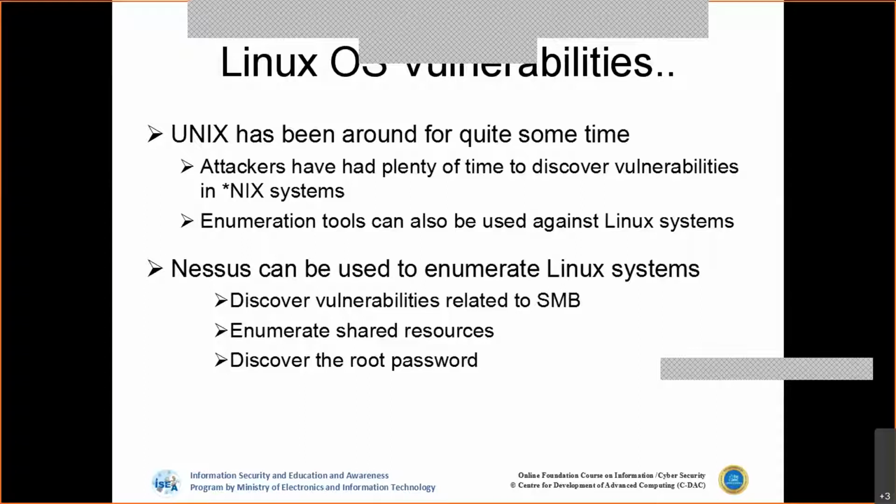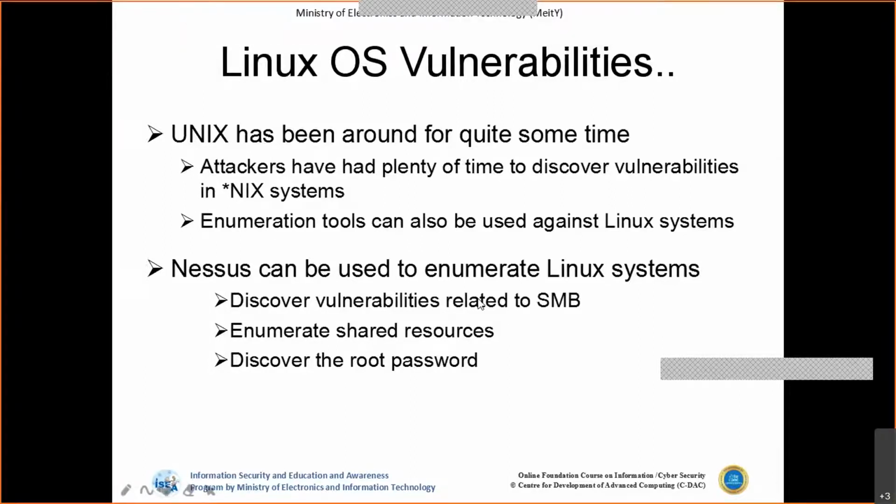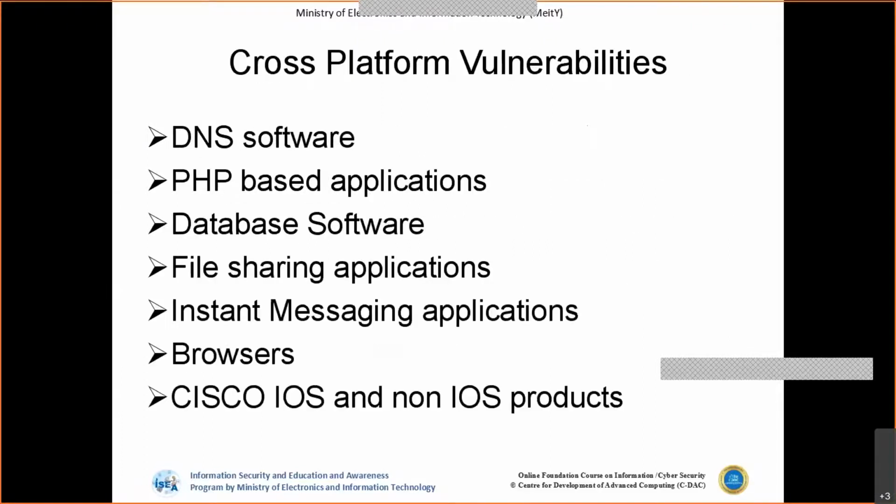If there is a vulnerability, any operating system is prone to attack. So we also have vulnerabilities with respect to Linux. For this demonstration, we'll be using a vulnerability scanner called Nessus, which will be used for enumeration of Windows as well as Linux. Okay, and along with the operating system vulnerabilities, we have the cross-platform vulnerabilities.